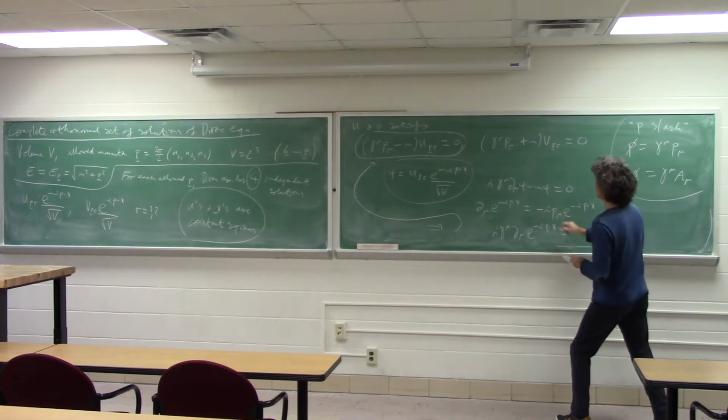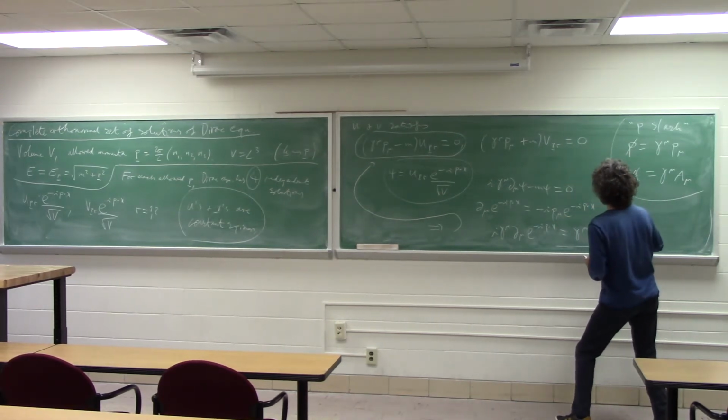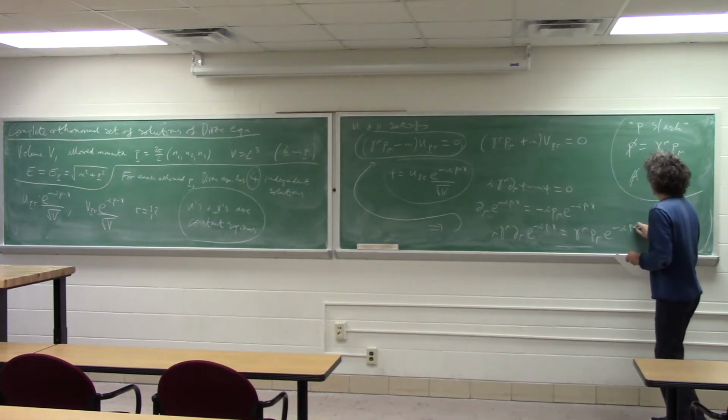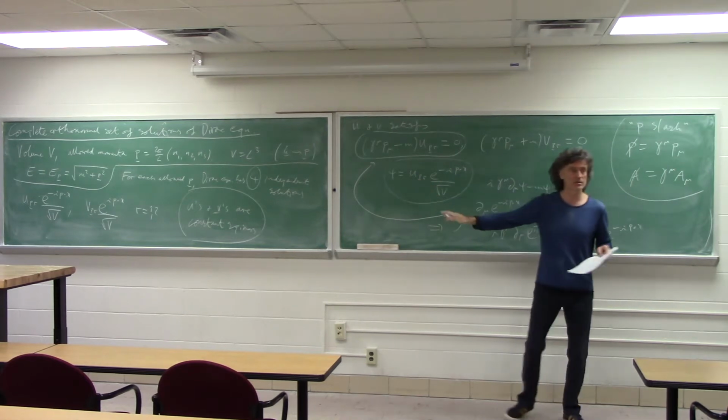So i times minus i is 1, so I get gamma^mu p_mu e to the minus i p dot x. Remember that the components of u do not depend on position or time.